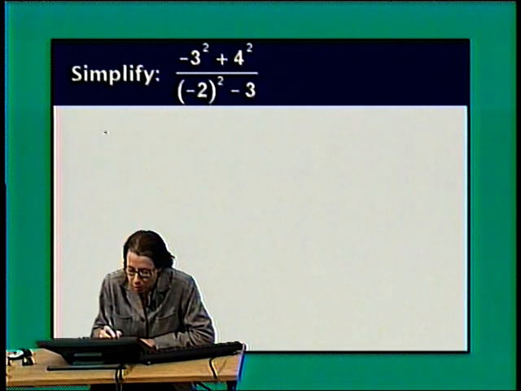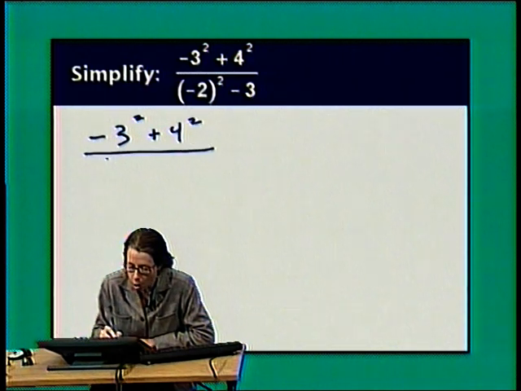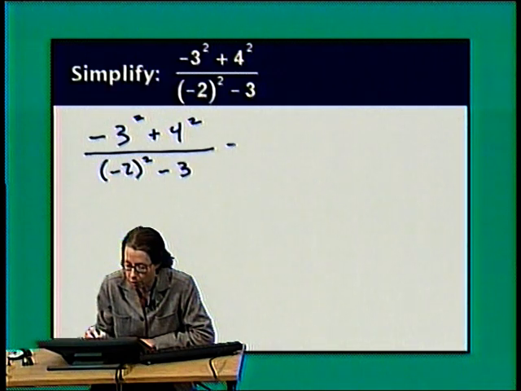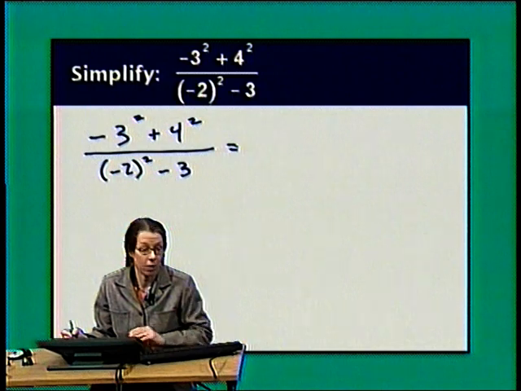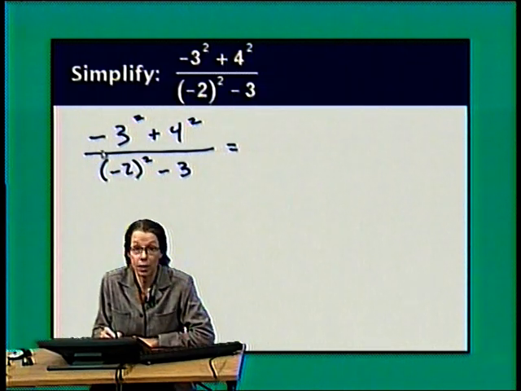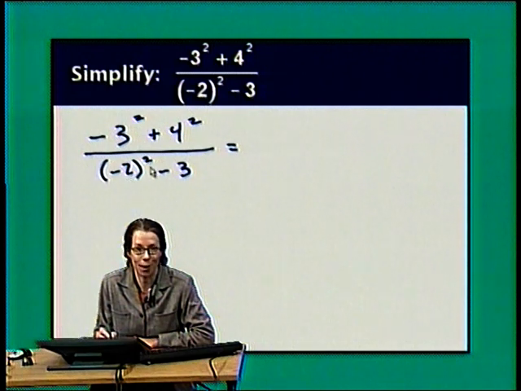So here I'm going to simplify the expression, the opposite of 3 squared plus 4 squared all over negative 2 quantity squared minus 3. Now, I just put this expression up here to remind us that there is a difference between the opposite of 3 squared and negative 2 quantity squared.